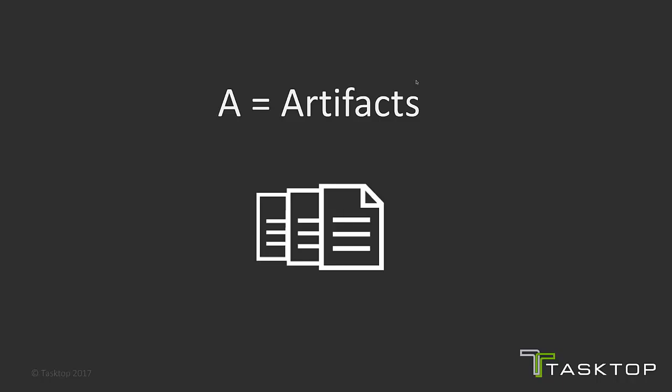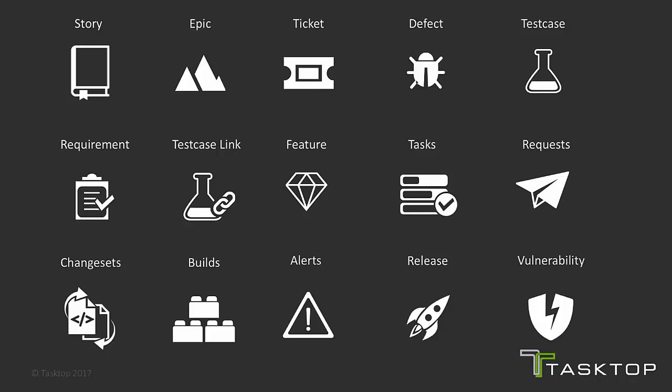So artifacts are at the heart of any value stream that involves software delivery. It's all about the artifacts, and those artifacts really form the currency of communication. And so it's actually kind of funny when I first started at Tasktop and we would talk about artifacts. Primarily, we talked about defects and stories, and maybe some requirements, and obviously tasks, given the history of Tasktop.